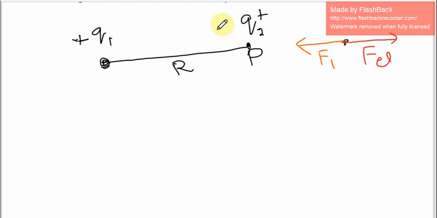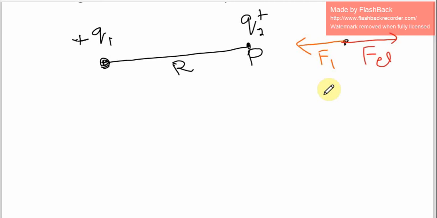If I'm the charge Q2, I have to exert the same force in the opposite direction to overcome this electrostatic force. I am doing positive work because the direction of motion and the direction of force are the same.